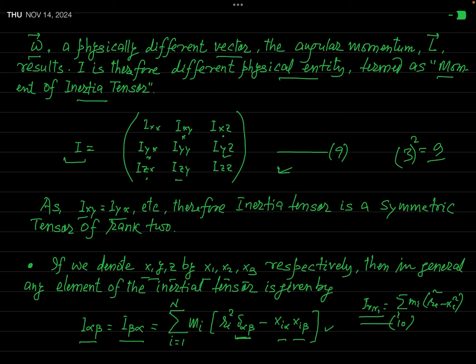So Ixx, as we have seen earlier, is the summation over i of mi times (ri square minus xi square).